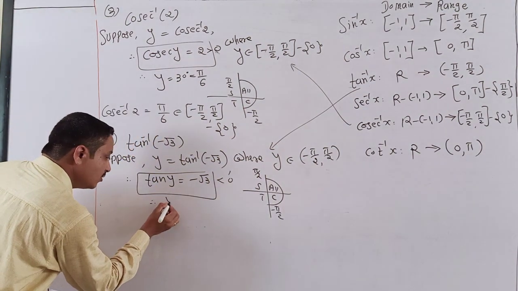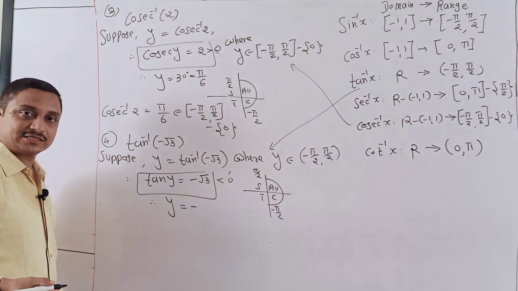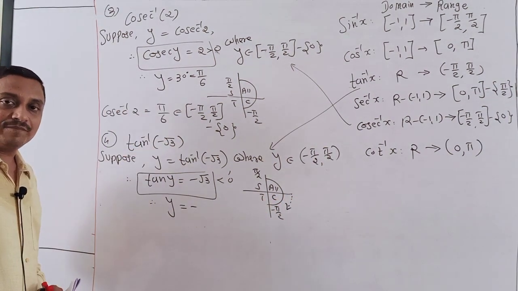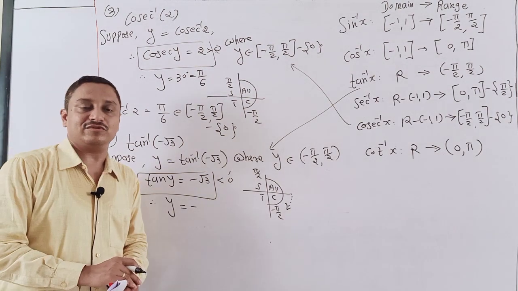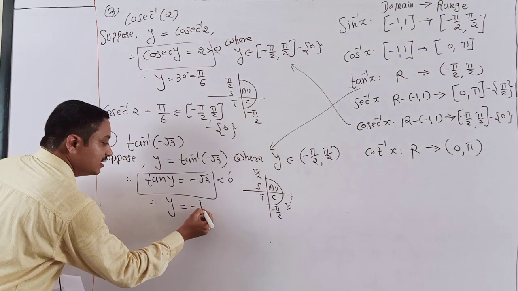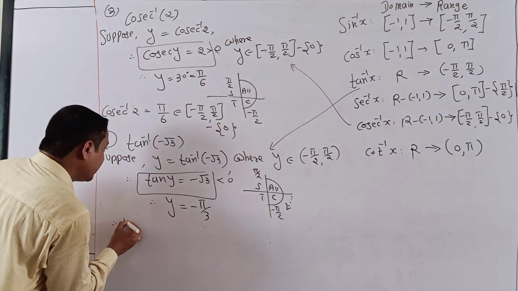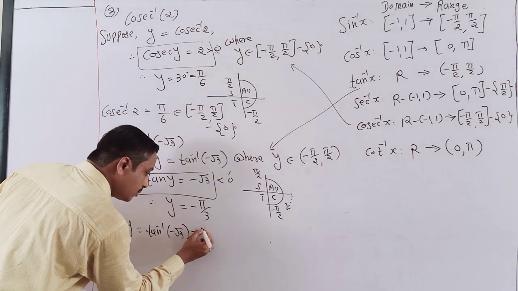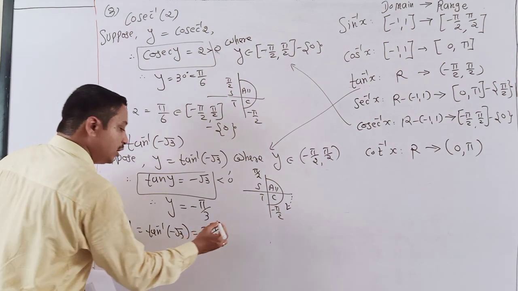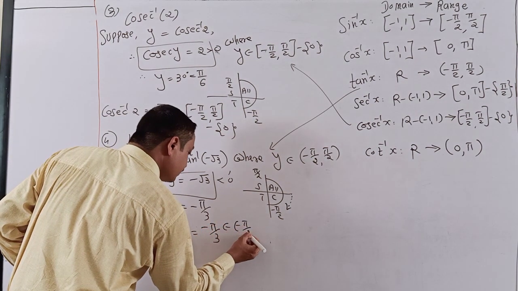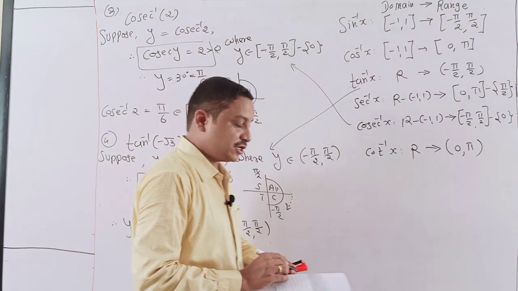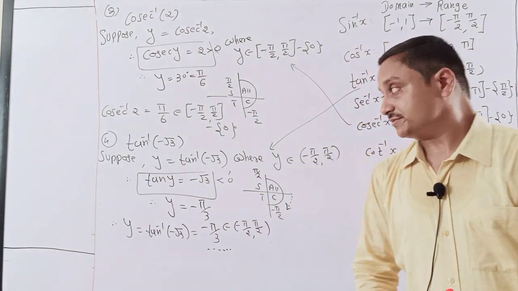The fourth quadrant has negative angles because of clockwise rotation. And where is tan root 3? Yes, tan 30 is 1 by root 3, so here it is 60 degrees, pi by 3. So finally, tan inverse of minus root 3 is minus pi by 3, which belongs to your range minus pi by 2 to pi by 2. That's your easy answer.